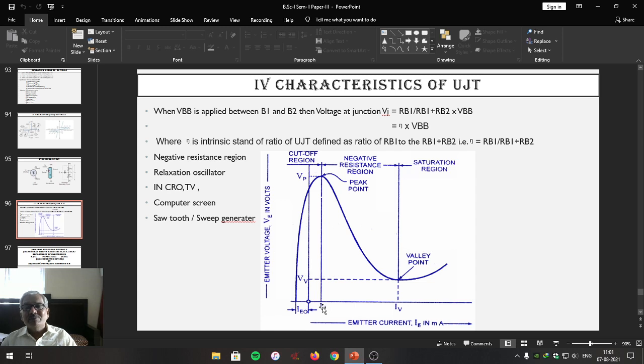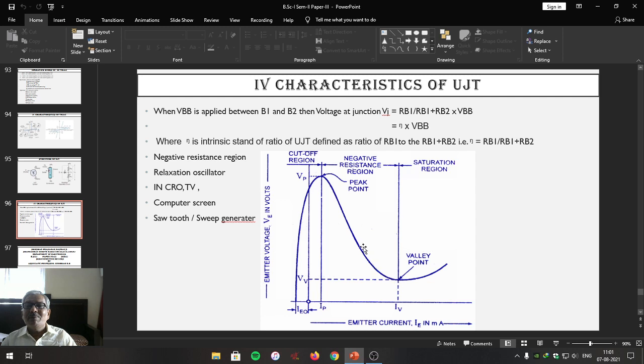After the peak point, what you observe from the curve is that even though current is increased, voltage goes on decreasing. After the peak point, UJT starts conducting, no doubt about that, so emitter current increases, whereas emitter voltage goes on decreasing.